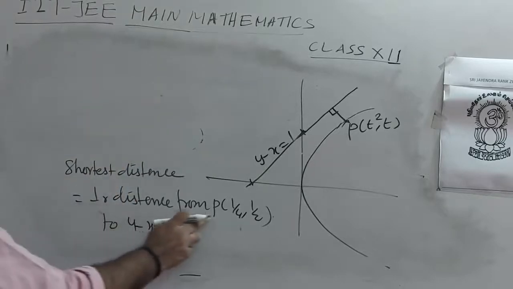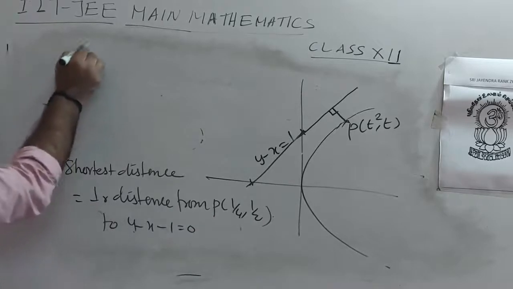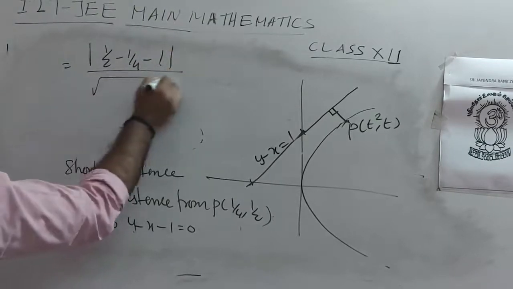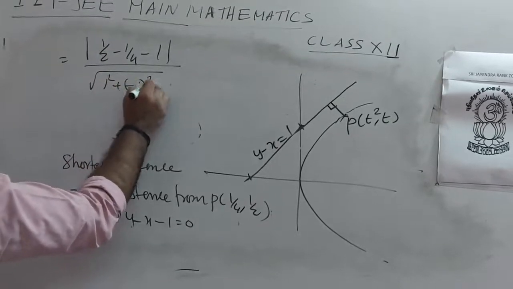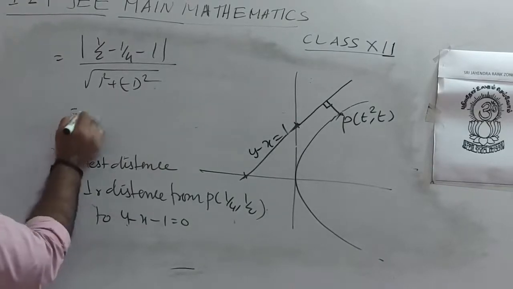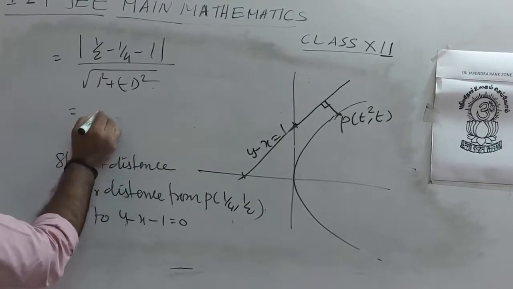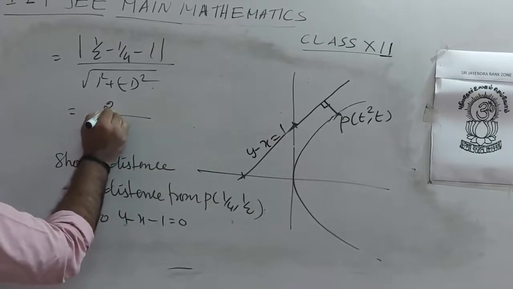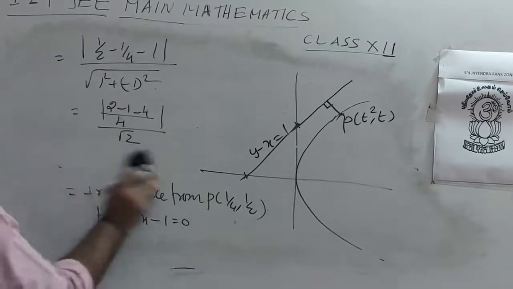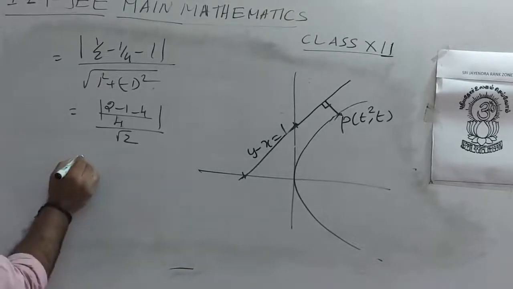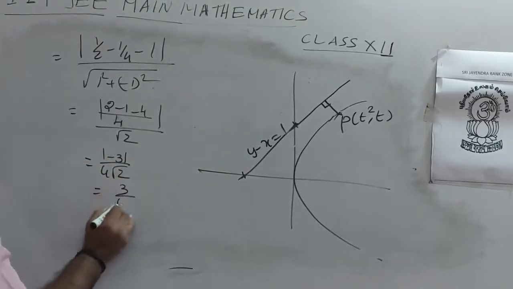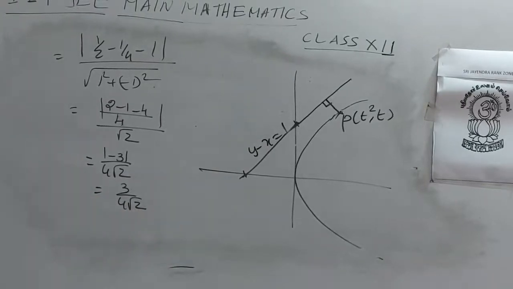So the shortest distance means the perpendicular distance from the point 1 by 4 comma 1 by 2 to this line, that is the modulus of 1 by 2 minus 1 by 4 minus 1 divided by root of 1 squared plus minus 1 squared. Taking 4 as LCM, 2 minus 1 minus 4 by root 2, which is minus 3 by 4 root 2.